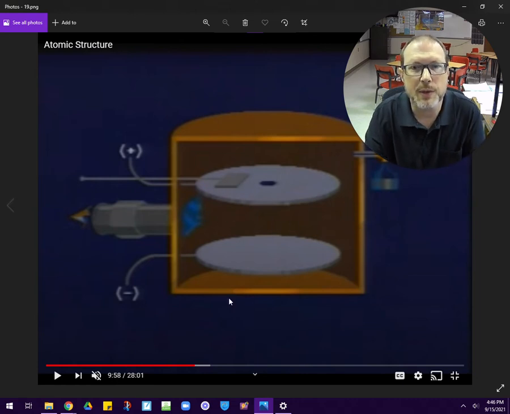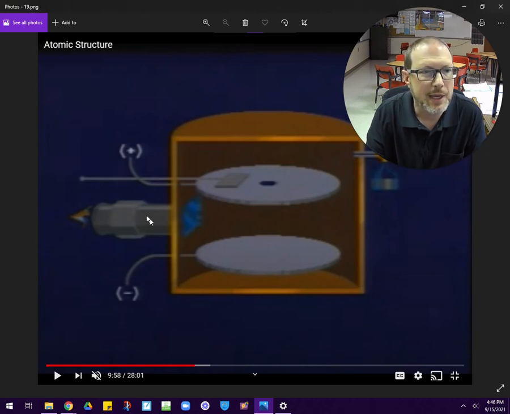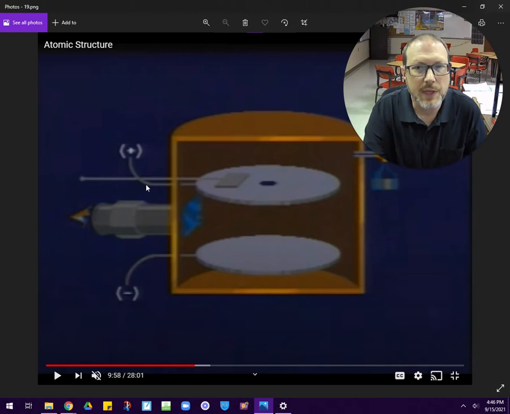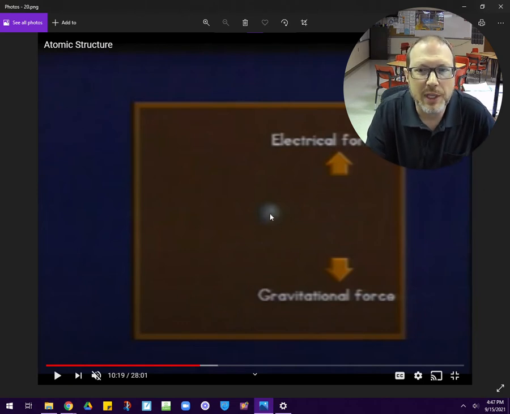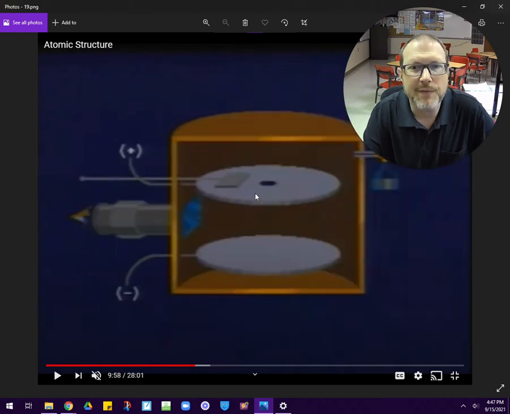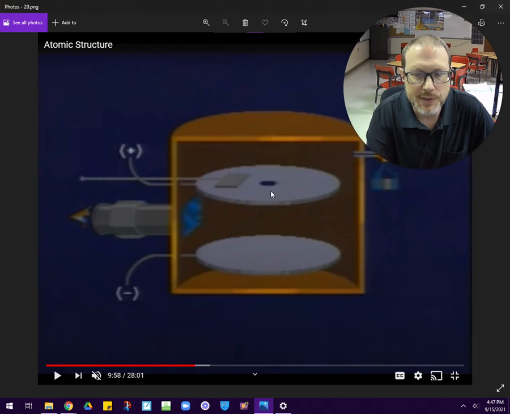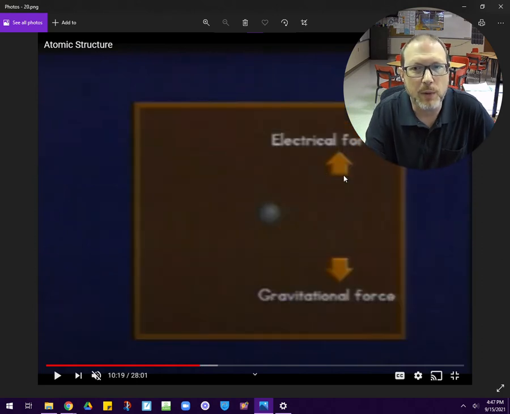Then they would hit those with a little X-ray machine, and that would cause these little particles to be charged with cathode rays. Now, gravity was pulling these little droplets down, but they could also change the voltage of what was going through these plates, and so they could vary the electric force.